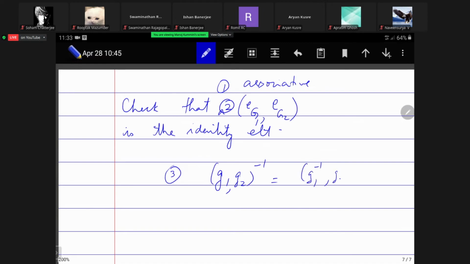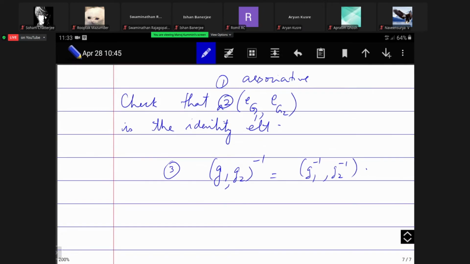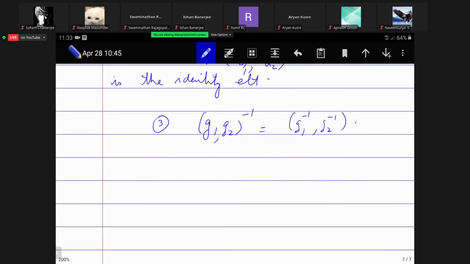The individual inverses are calculated in the given groups. So this is the product group. We have earlier done what Z mod 2Z cross Z mod 3Z is, and so on. This is just that.